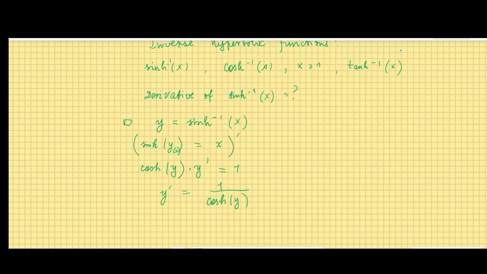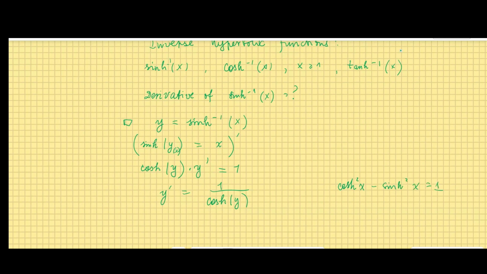Very good. But usually we like to have a function of x here, right? As we did with the sine and cosine inverses, we are going to use the Pythagorean identity here. Remember, I just proved the identity that cosh squared of x minus sinh squared of x equals 1.